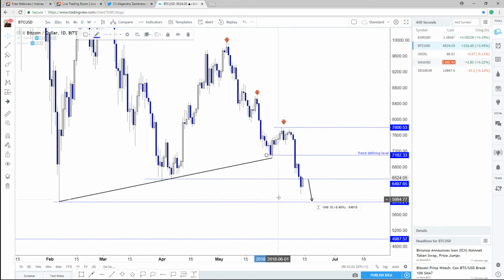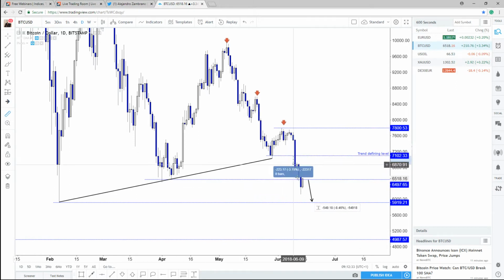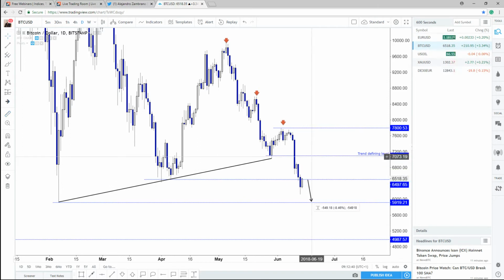Imagine you short here and you're up about 13%, and then the market swings back up. I don't think they're going to tolerate that. I think they're going to try to get out, and that could cause this market to push higher and really dent the downtrend.